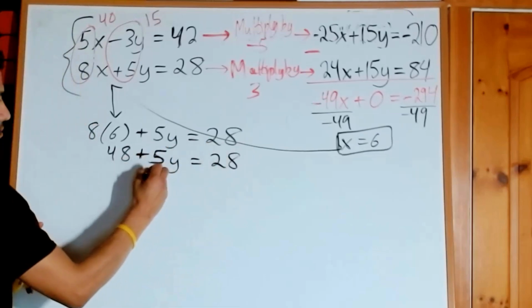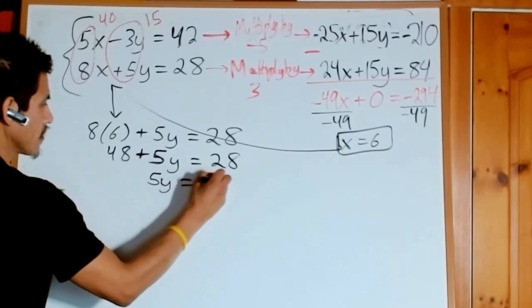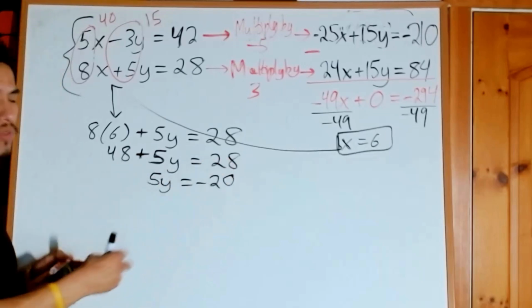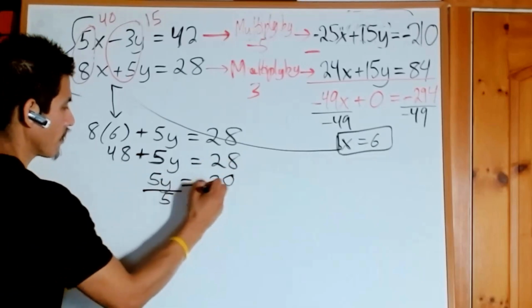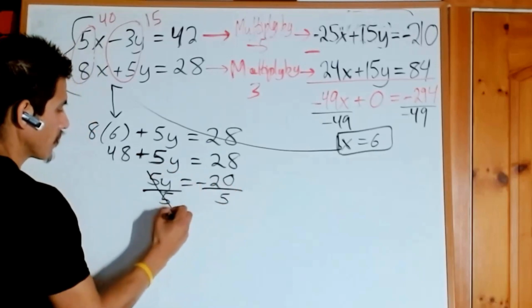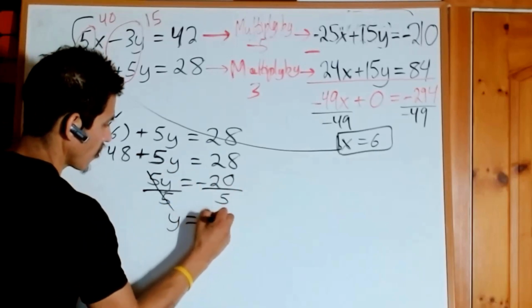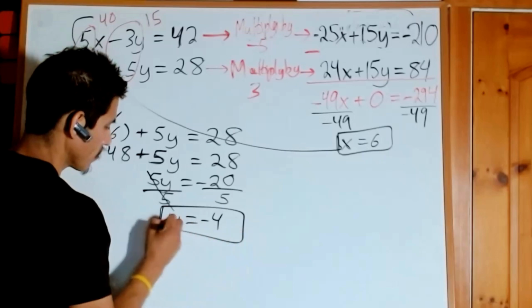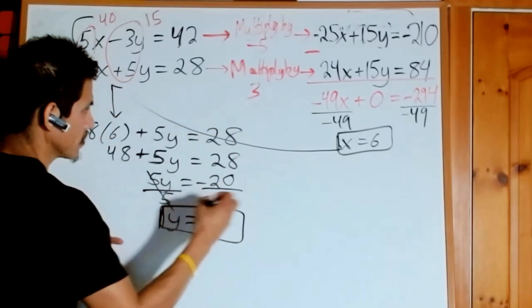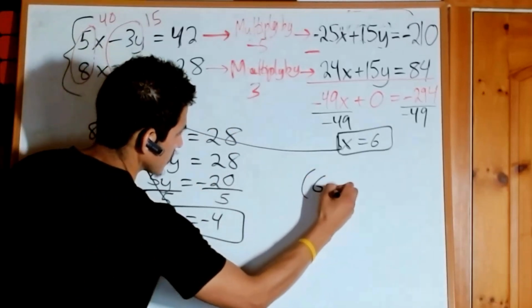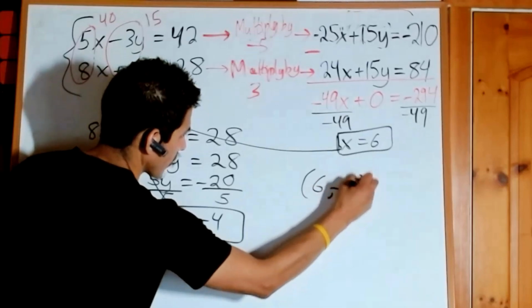Take away 48, so we'll get 5y equals negative 20. Divide by 5, and we'll get y is negative 4. All right, and so our solution will be the ordered pair 6, comma, negative 4.